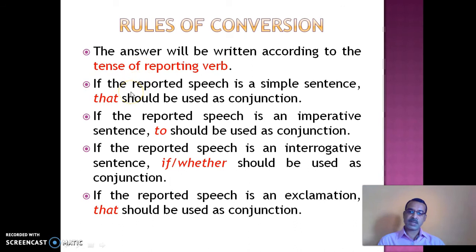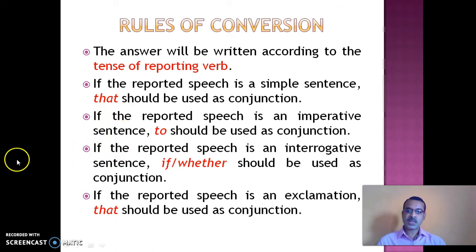Secondly, if the reported speech, that is the sentence in the quotation mark, is a simple sentence, in that case we should use the conjunction "that" to connect those two sentences.